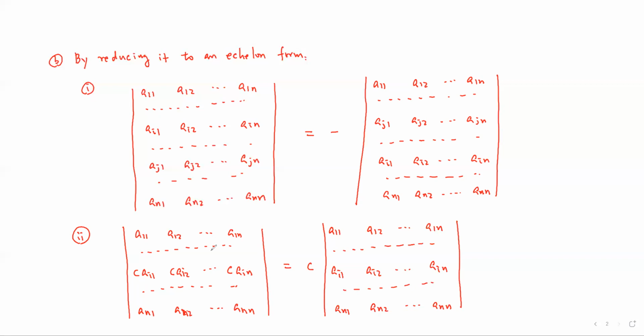This number is equal to c times this number. This is formula 2 about reducing a determinant to an echelon form.